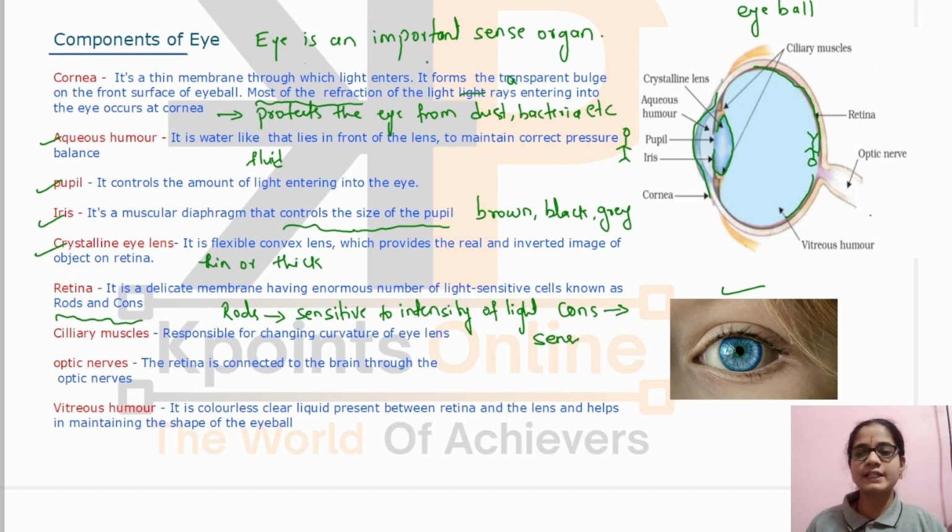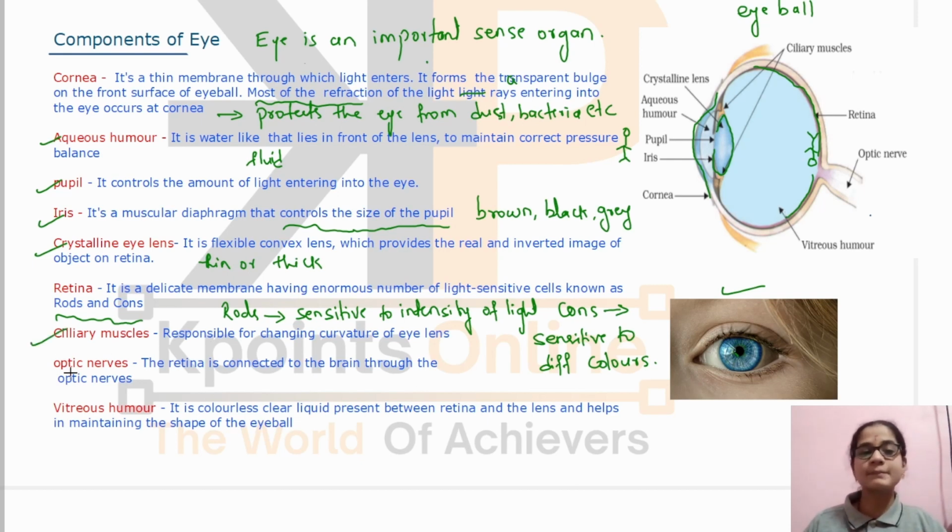These are sensitive to different colors. Rod cells enable us to see objects even in dim light, and cone cells allow us to see objects of different colors. And these are the light sensitive cells present on the retina.